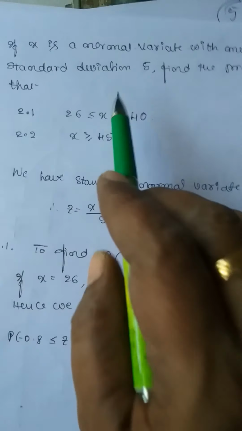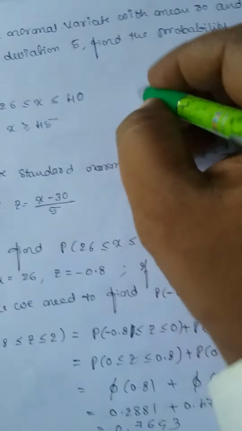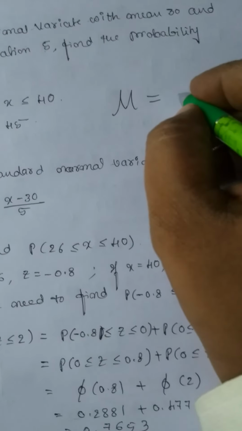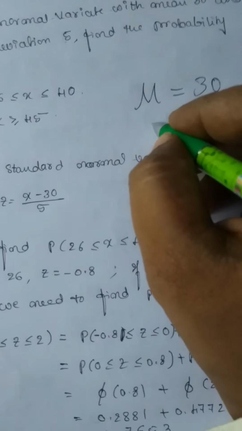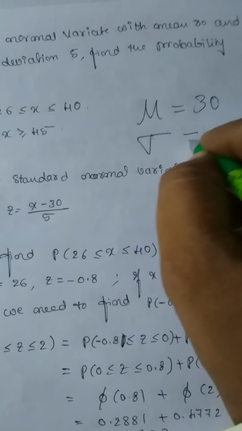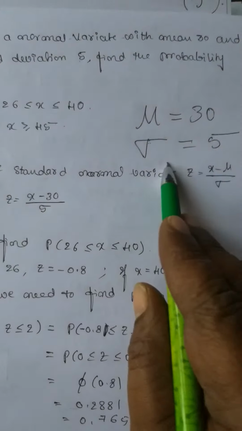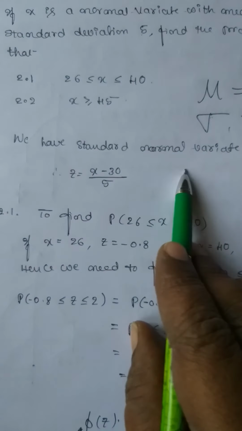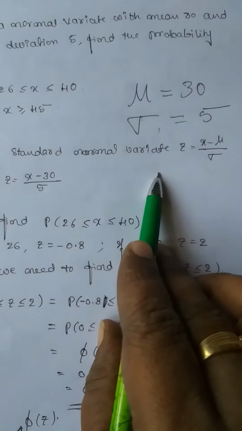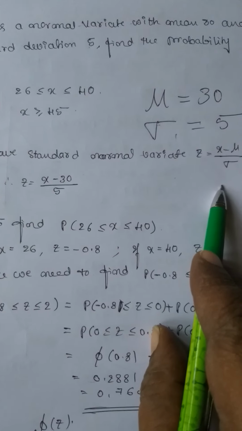Here mu is 30, and sigma is equal to 5. So we have mu, we have sigma, so we can easily calculate the standard normal variate. What is the standard normal variate? It is z is equal to x minus mu divided by sigma.